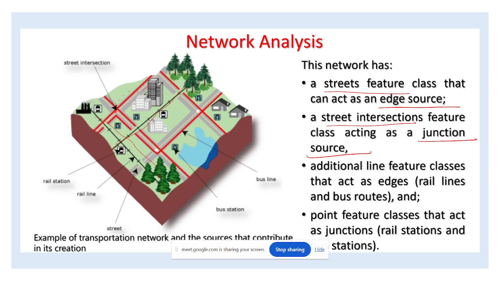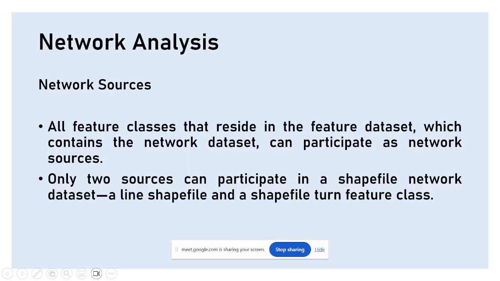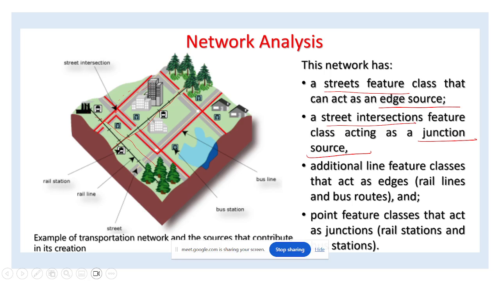That can also be there, or a bus route if they have indicated that one can be an edge feature. Then the point feature classes that act as junctions, in case of rail stations and bus stations, these junctions, intersection points.